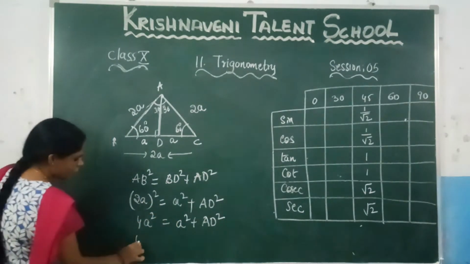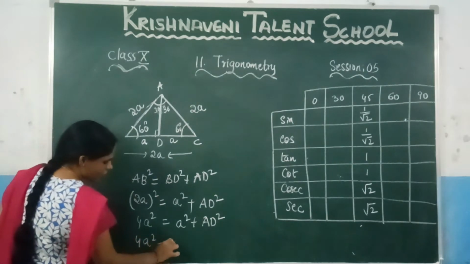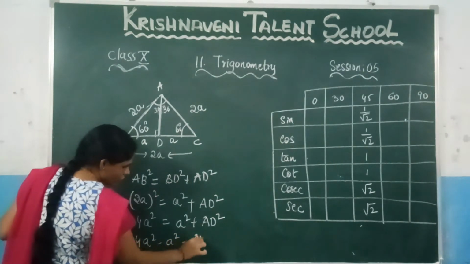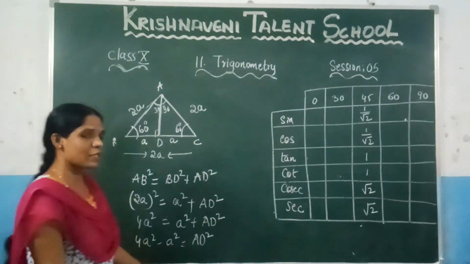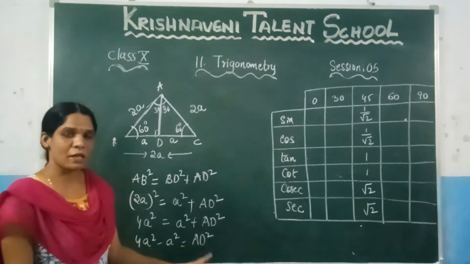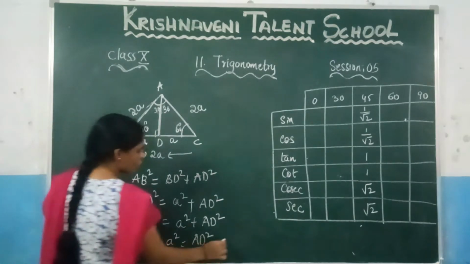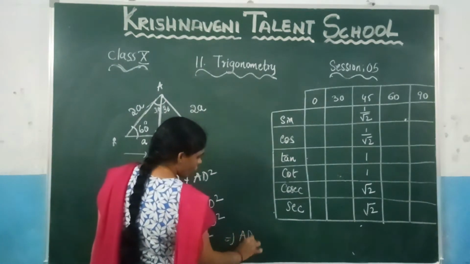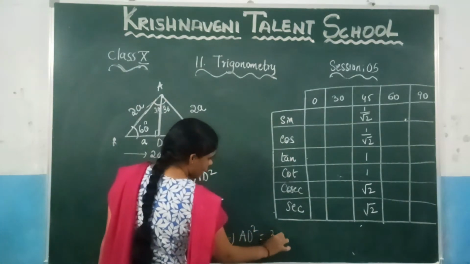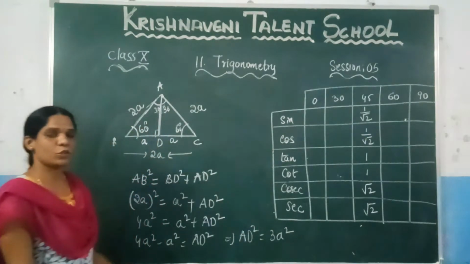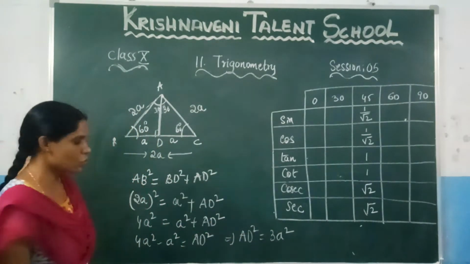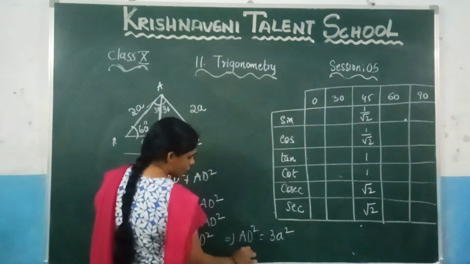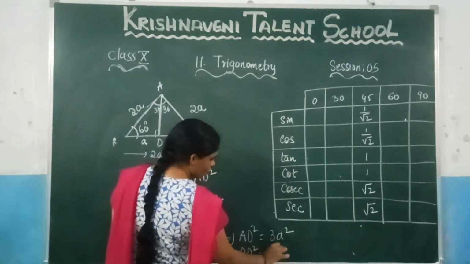So we will get 4A square minus A square, which gives AD square. What is the value of 4A square minus A square? Which is nothing but 3A square. So you will get the value of AD square as 3A square. Since we need to find the value of AD, take that square to that side, it will become root, so AD is equal to root of 3A square.